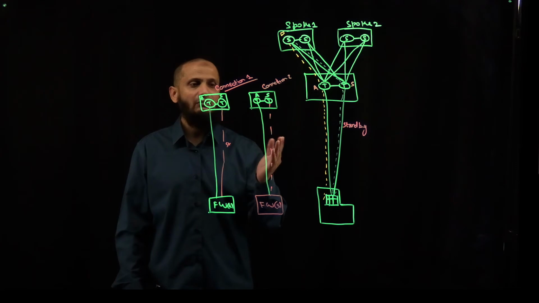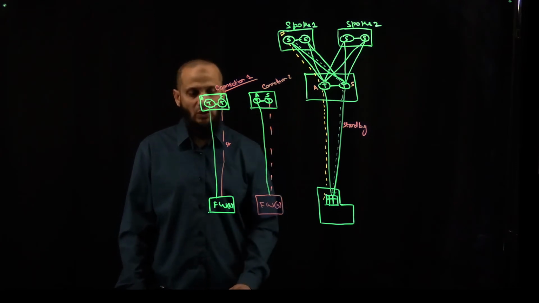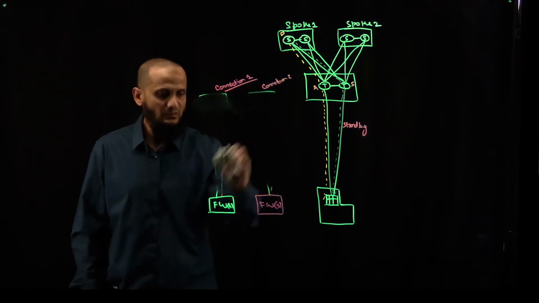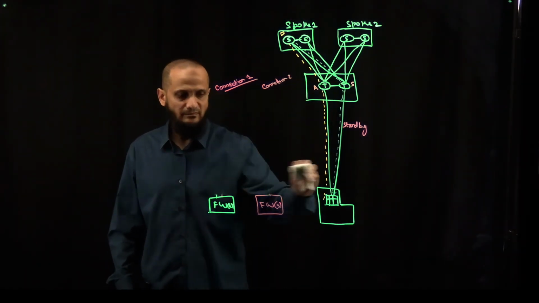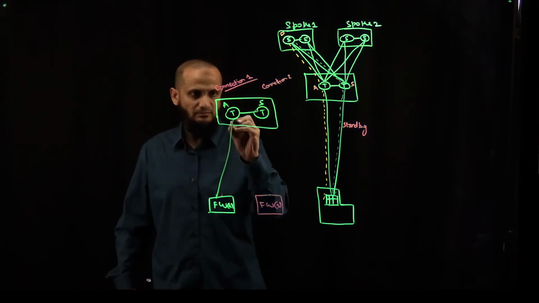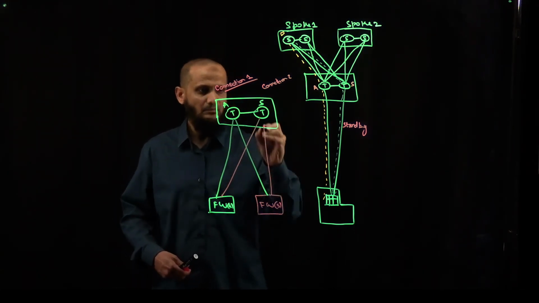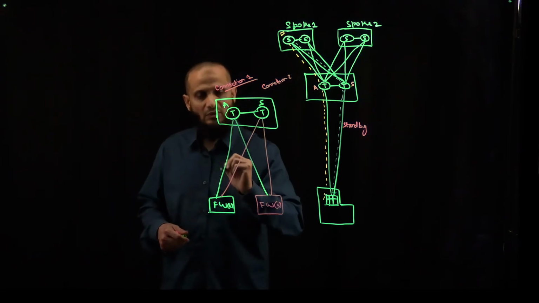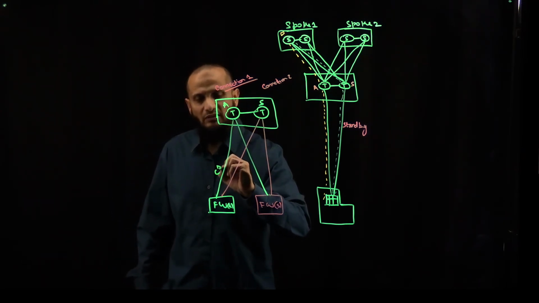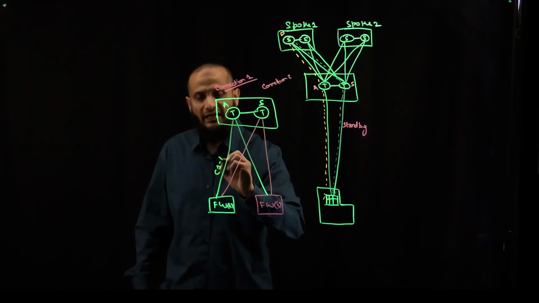All right, so if I combine these two connections into one, how is it going to look? Let's do that. So this one becomes your connection number 1, and this is your active connection.